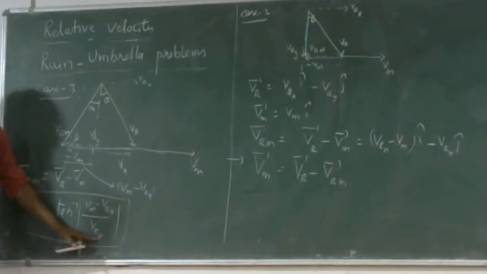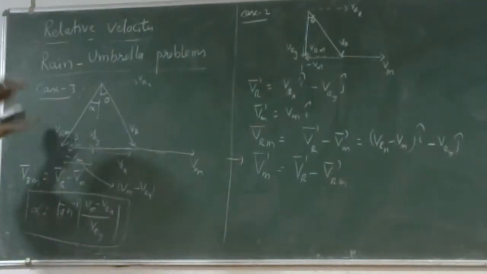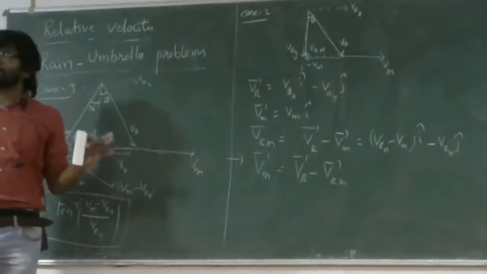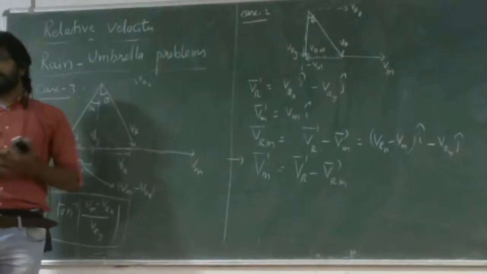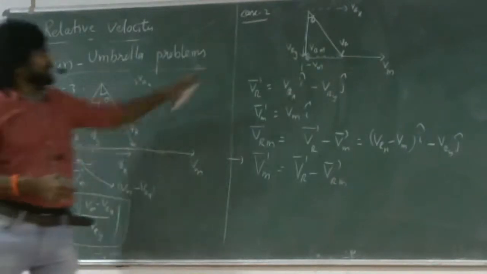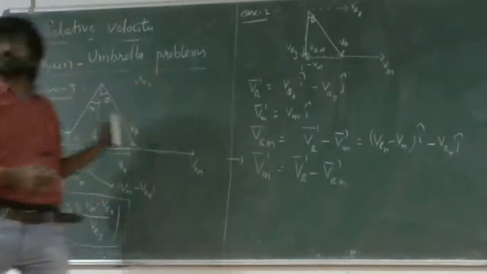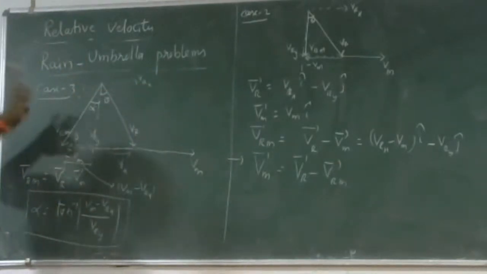Follow carefully, then it is very easy. Otherwise, you will get confused about what is Vr, and so on. There are many special cases you will come across. I have given you case 1, case 2, and case 3. Even some other special cases you can understand, but these are enough.